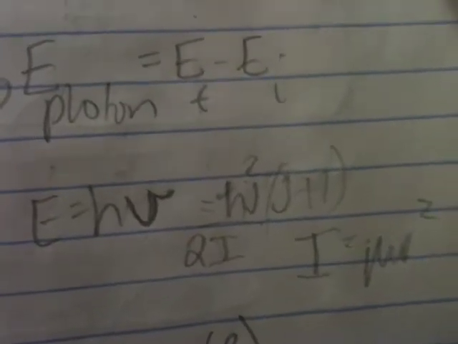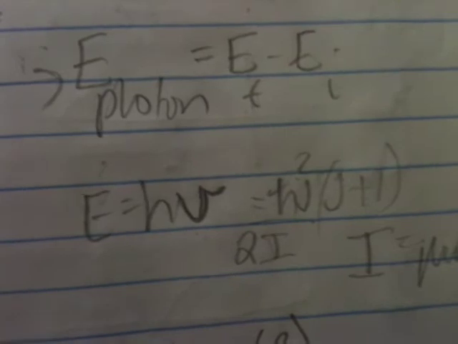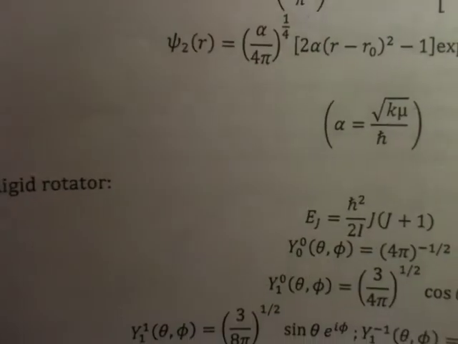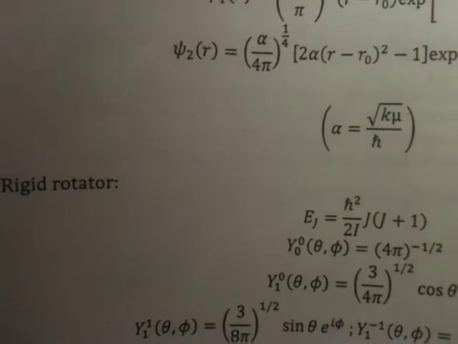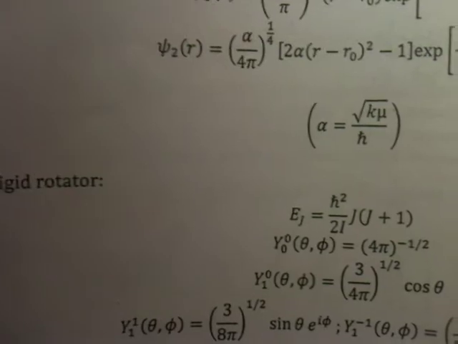Look at that. Okay, you see that? No alterations, right? And look at this. Energy for rigid rotor: h bar squared over 2I times J times J plus 1.